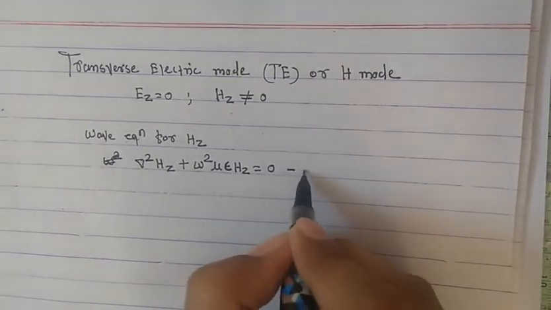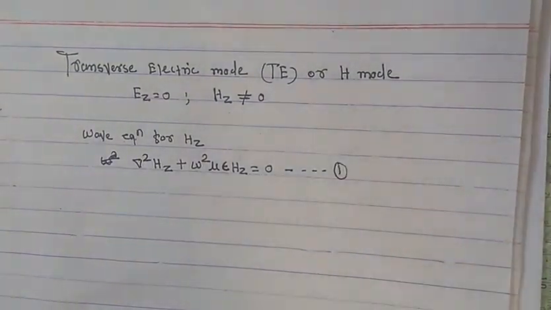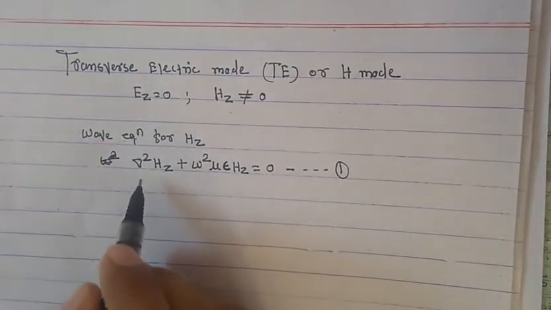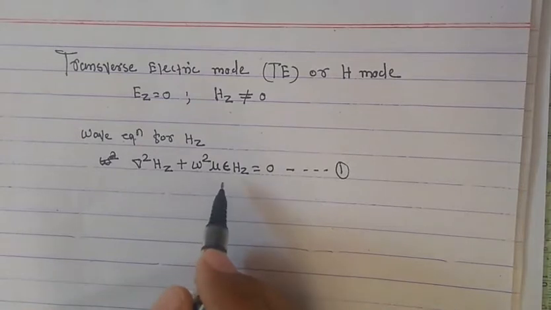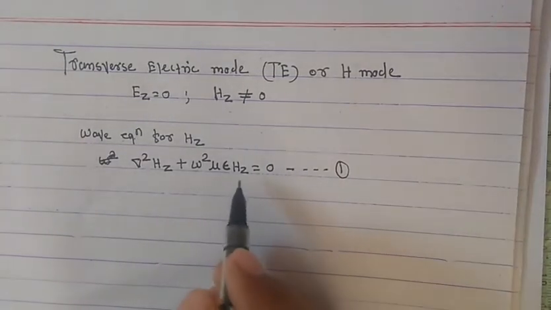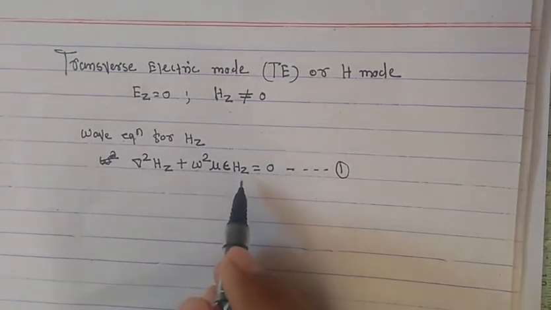So this will be our first equation. In case of TM mode, it was del square Ez plus omega square mu epsilon Ez equal to 0, because in that case we wanted to find the solution for Ez. Now we are interested in finding the solution for Hz.